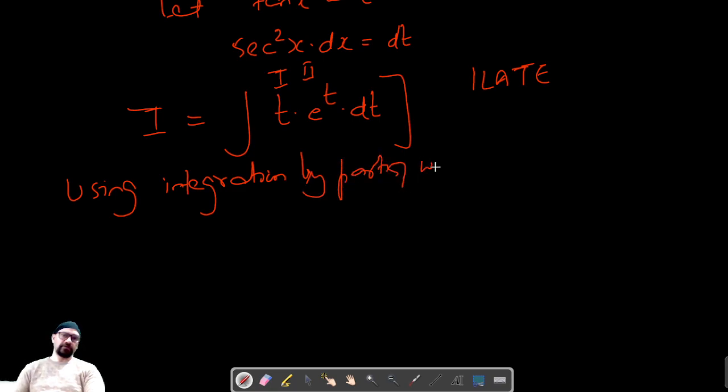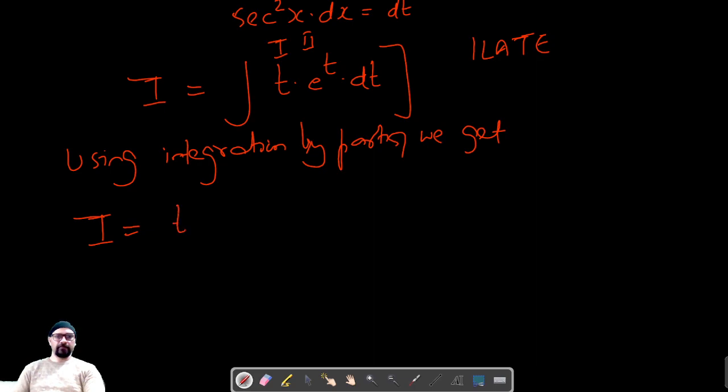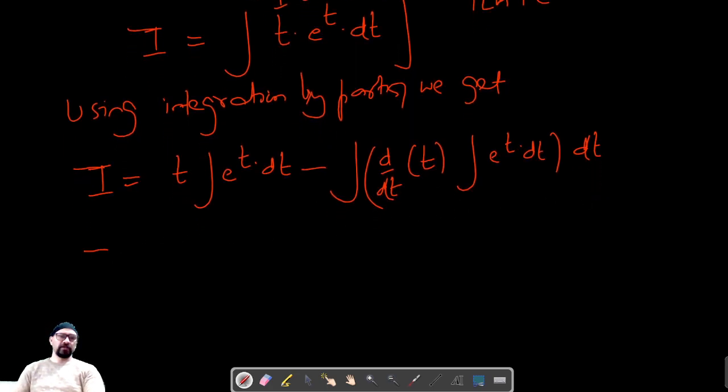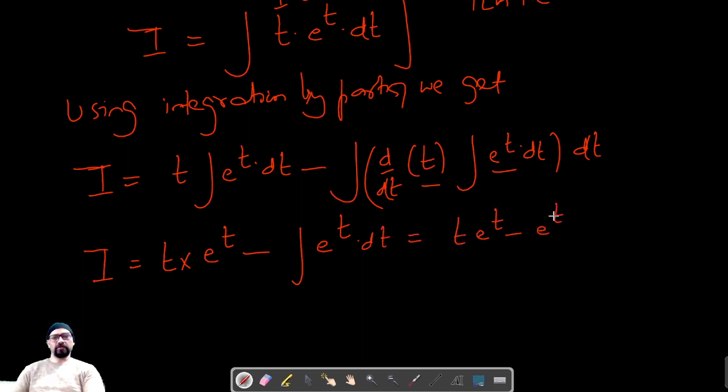Integration by parts says it's the first function times the integration of the second, minus the integration of the differentiation of the first times the integration of the second, the whole integrated with respect to t. So it's t times e raised to the power t, minus the integration of e raised to the power t, which is e raised to the power t. So this is t e^t minus e^t.